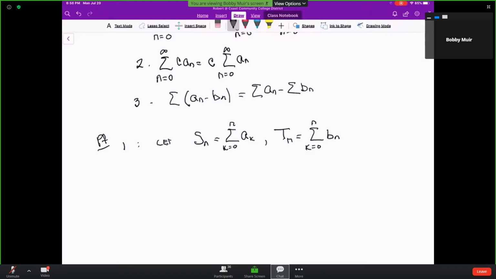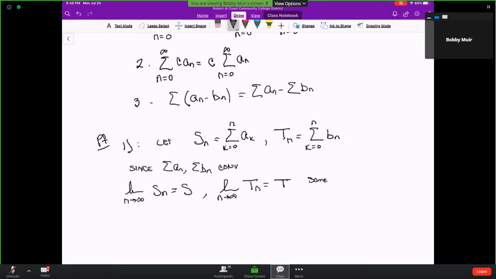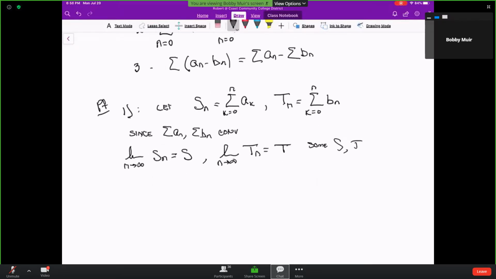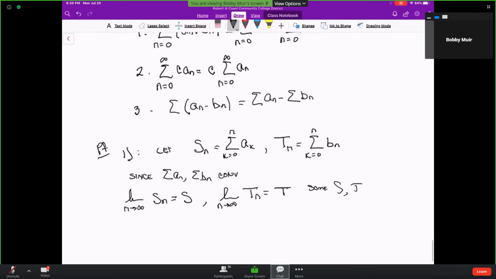And because they converge, since the sum of the an's and the sum of the bn's converge, that means that the limit as n tends to infinity of S_n is equal to S, and the limit as n tends to infinity of T_n equals T. Okay?